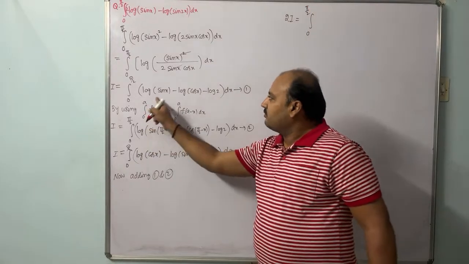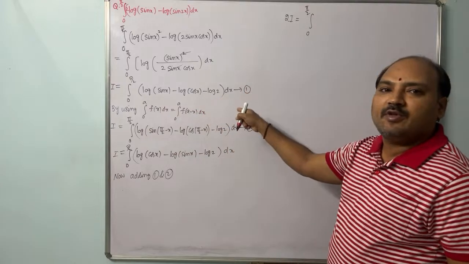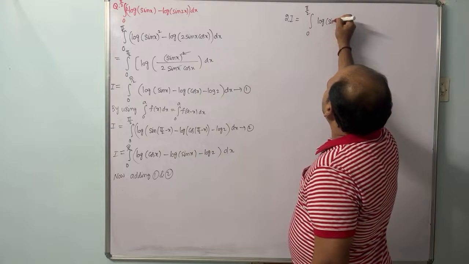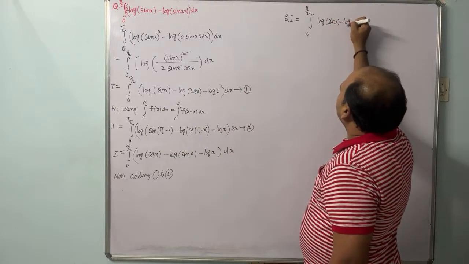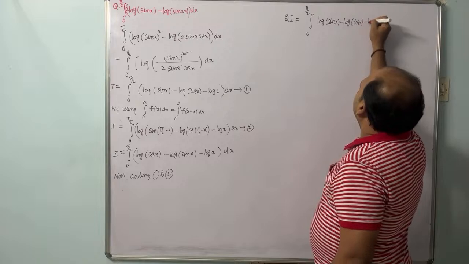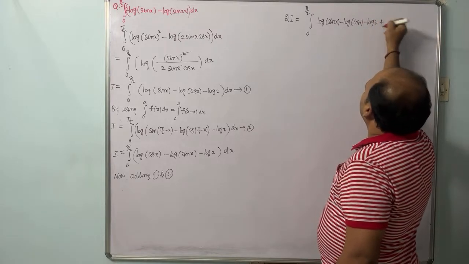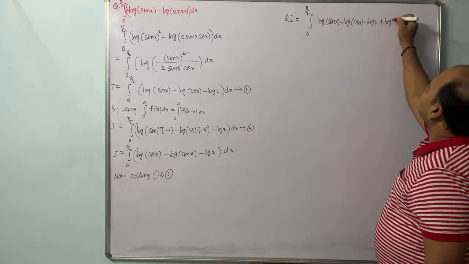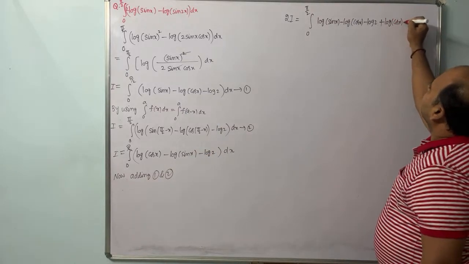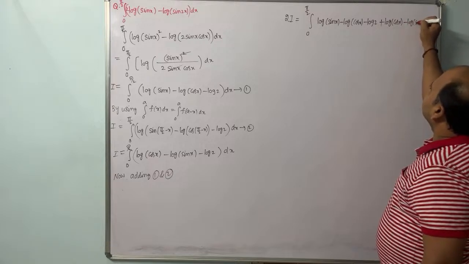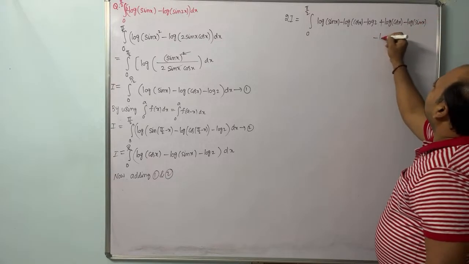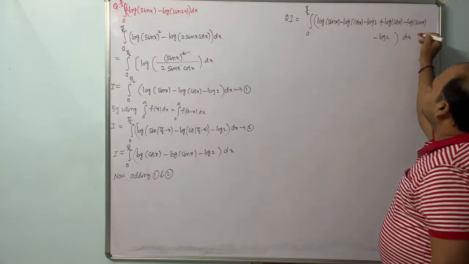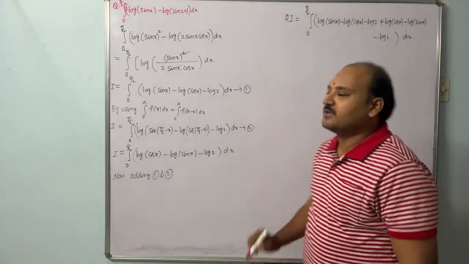In the first equation, whatever the terms are there, we are writing here log of sin x minus log of cos x minus log 2, plus log of sin x plus log of cos x minus log of sin x minus log 2, into dx. I hope everyone understands this, friends.